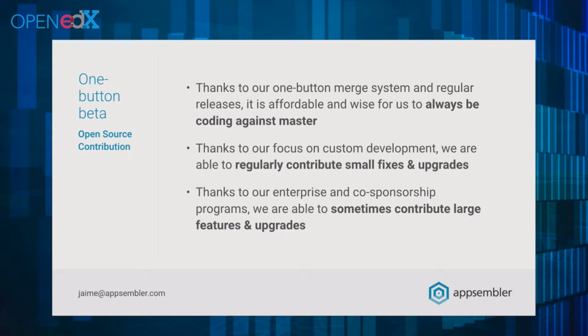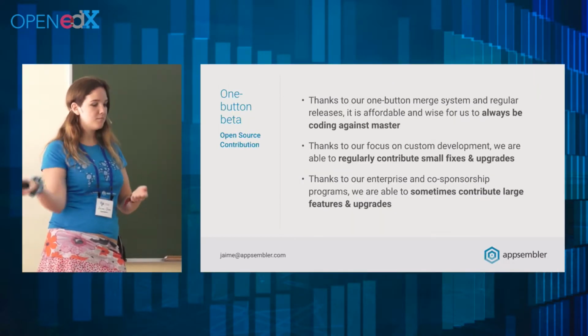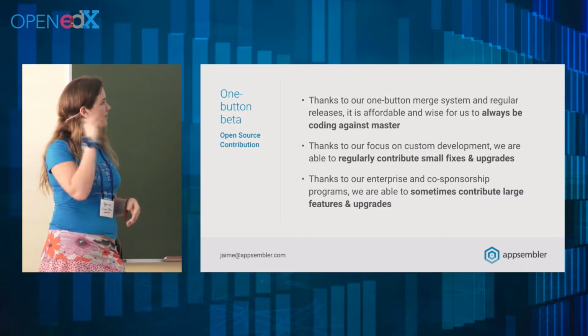By separating client assets from the Open edX code base, and separating every choice from the main code base, we can be constantly pulling in the latest code base and the latest contributions. So thanks to this system, it's become more affordable and wise for us to always be on master. Because if we're always on master, then our automated merge system works. We can just be pulling in the latest, putting things on top of it, always contributing against master.